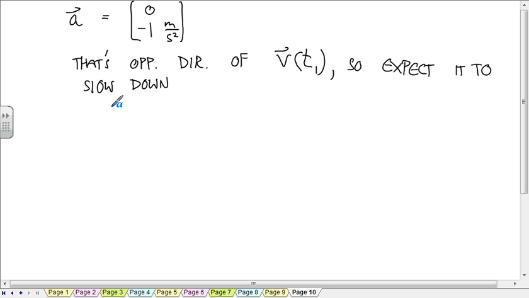So go back to that definition of acceleration, and you have 0, -1 is equal to the velocity at time 2 minus the velocity at time 1.